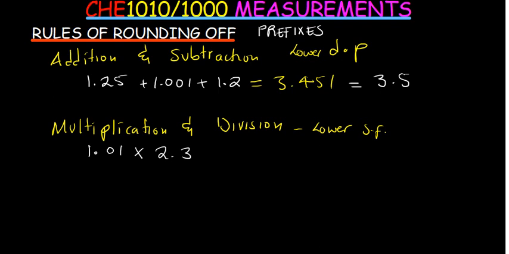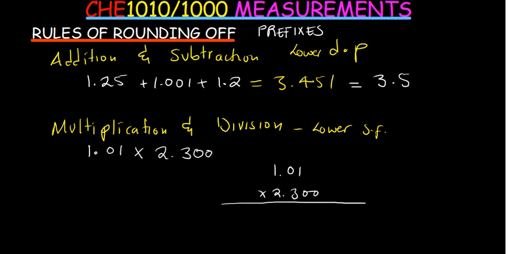I can as well write this as 1.01 multiplied by 2.300. So I'll put a multiplication there.